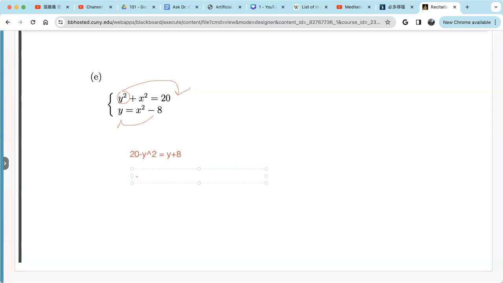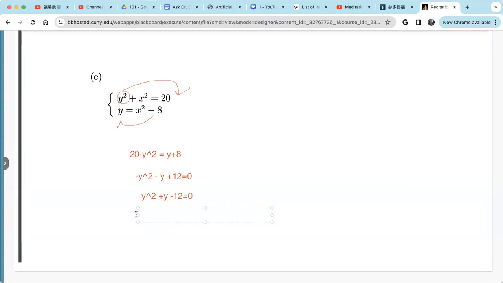Now let's put in order: -y squared minus y. Then move 8 from the right-hand side to the left-hand side and it becomes negative. 20 minus 8 becomes 12, and equals 0. Now let's multiply by -1. So y squared plus y minus 12 equals 0.